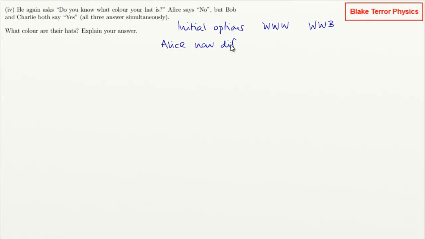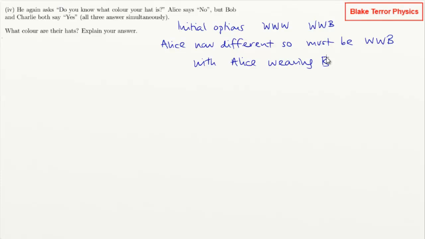So it must be white, white, black, with Alice wearing black. Which fits, because if she's wearing black and she sees 2 whites, she still doesn't know if she's got a white hat or a black hat.